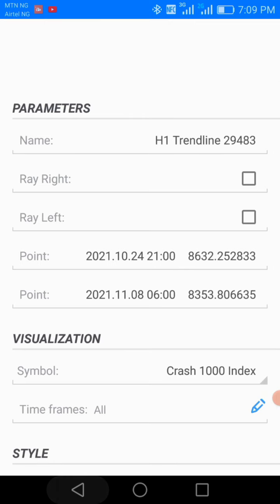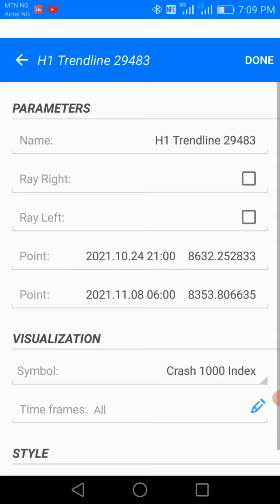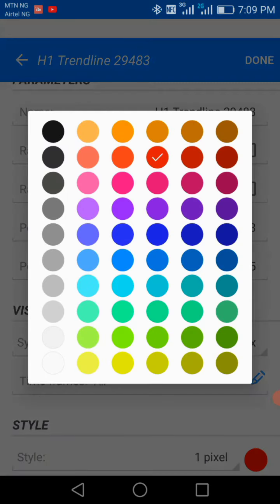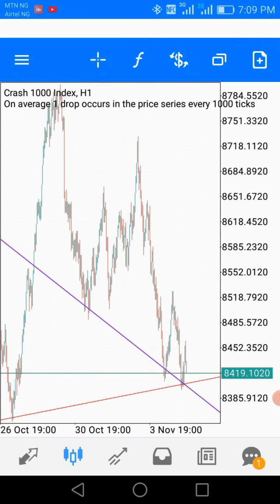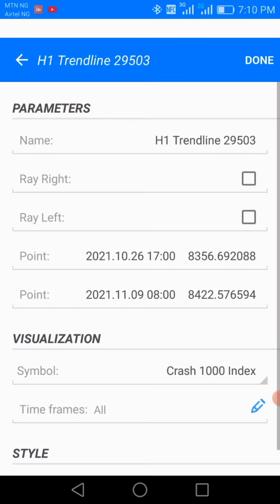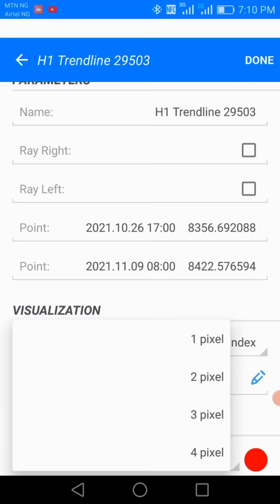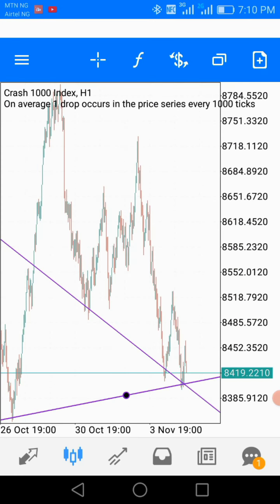Let's change it to purple, the pixel to 3, and then we click down. Okay, now let's do the same for this, changing this to purple, the pixel is 3, and then we have something like this. Okay, yes, that's very cool.